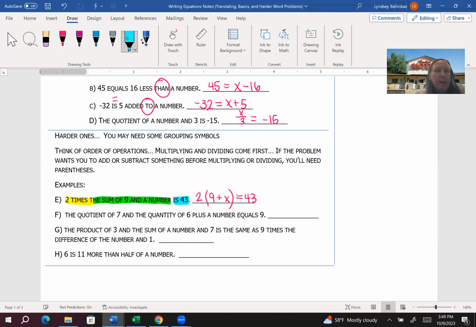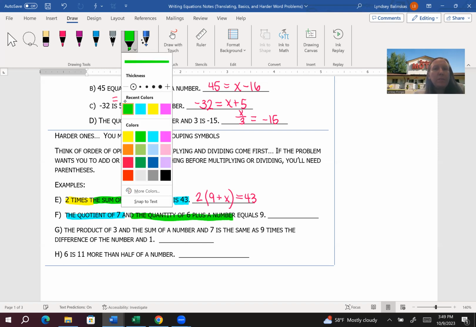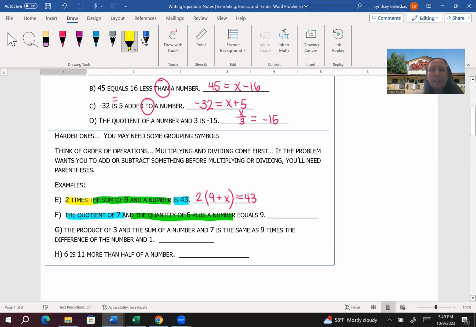The next one, we got the quotient of 7 and the quantity of 6 plus a number equals 9. So we know there's going to be some division here because it's quotient. I'm going to put my division bar. What are we dividing? We're dividing 7.